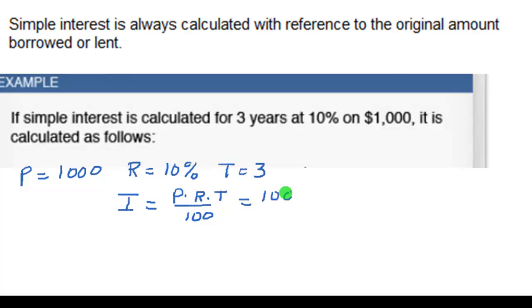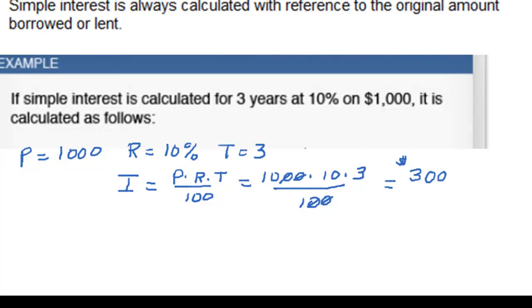So 1,000 times 10 times 3 over 100. And reducing here, we get 10 times 10 times 3. 10 times 10 is 100, times 3 is 300. So this tells us that in simple interest, the interest earned when you have $1,000 put away at 10% for 3 years would be $300.